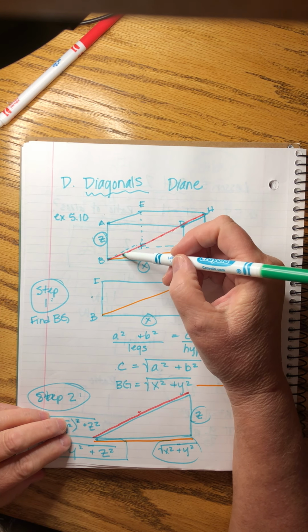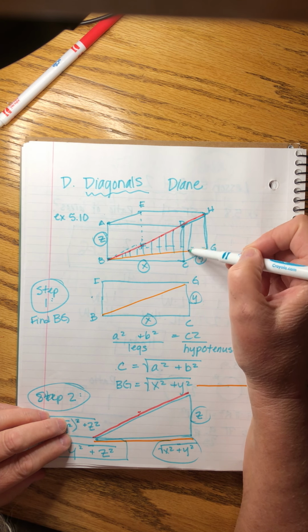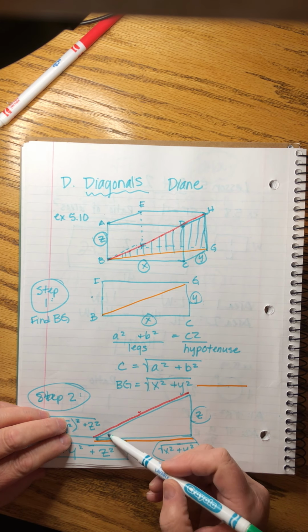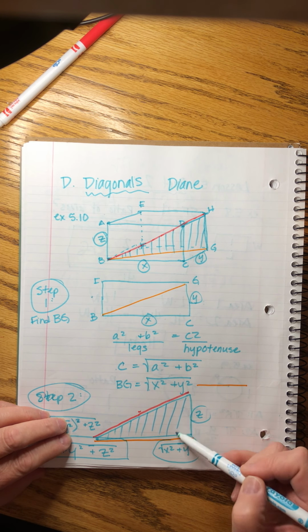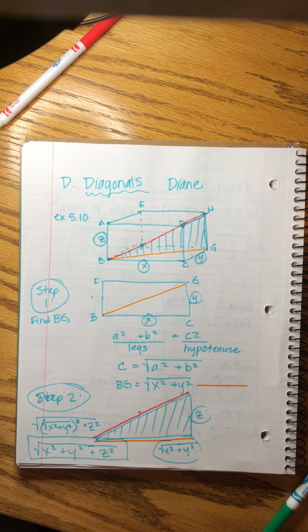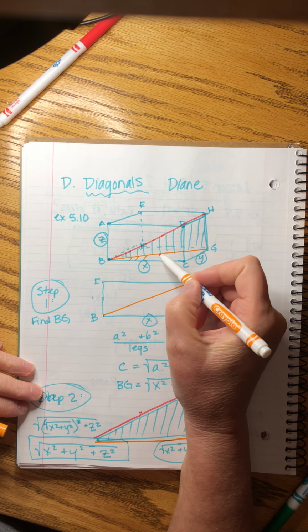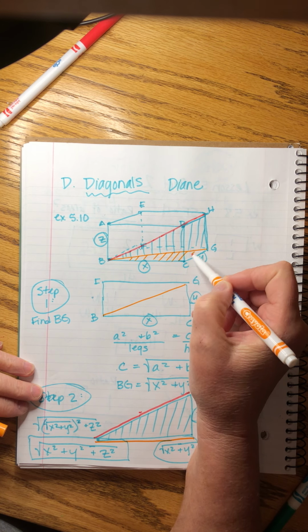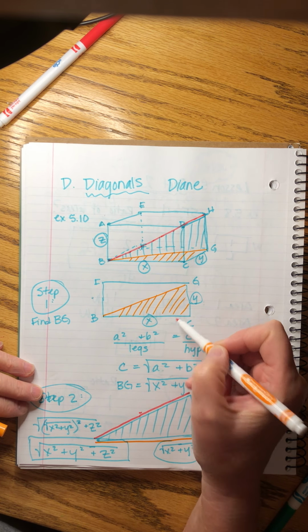Okay? So this is our second triangle. Trying to help you just see that's this one. Right? And then this is the floor that we're standing on.